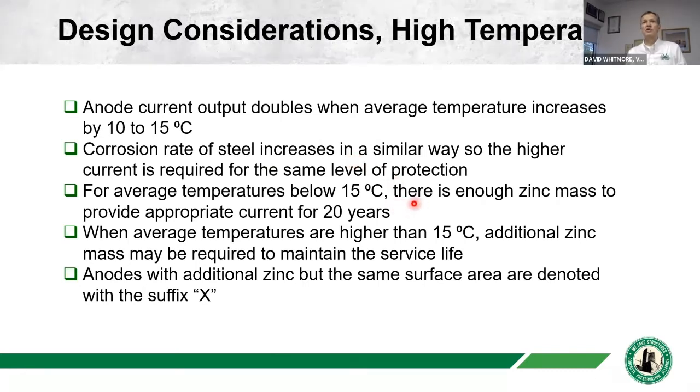For temperatures that are 15 degrees average or less, there's more than enough zinc there to last 20 years with a little bit of buffer, and stay above your design current density. But when the average temperature is higher than 15 degrees C, and particularly if it was higher than 20 or maybe even a little more than that, then you for sure should be taking a look at the temperature and how that's going to impact your service life.